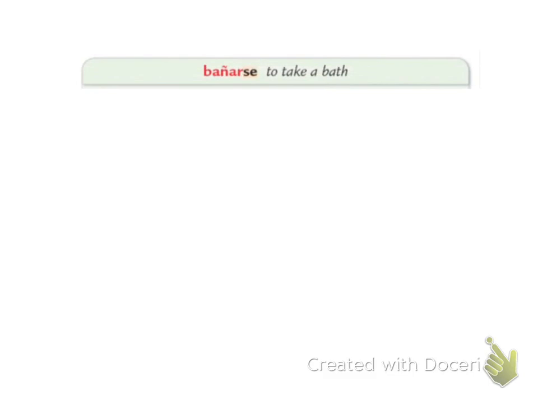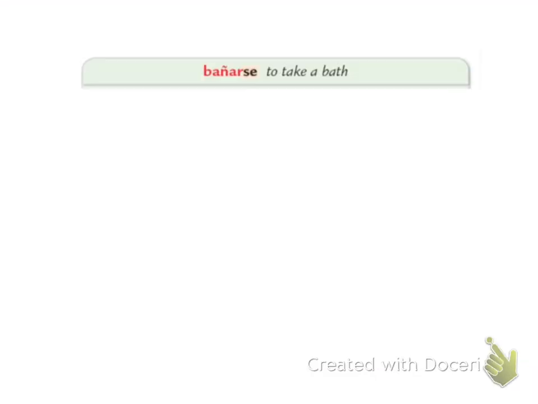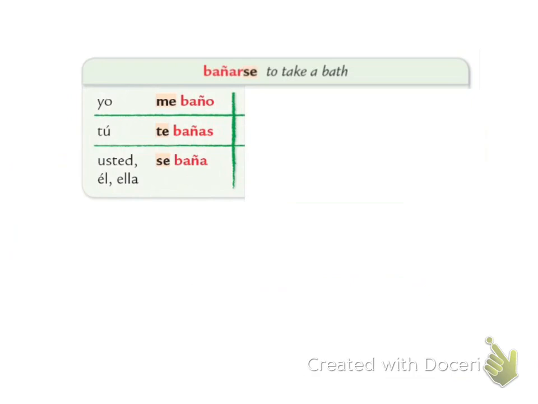All right, so let's take a look at our pronouns. Go ahead and make yourself a 2-column, 3-row chart with singular and plural. And let's talk about these pronouns.